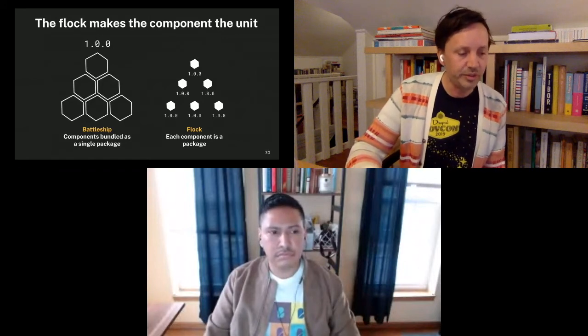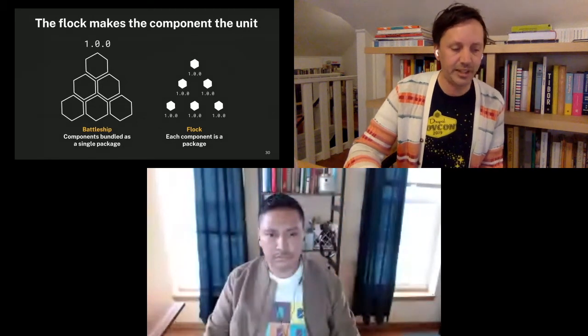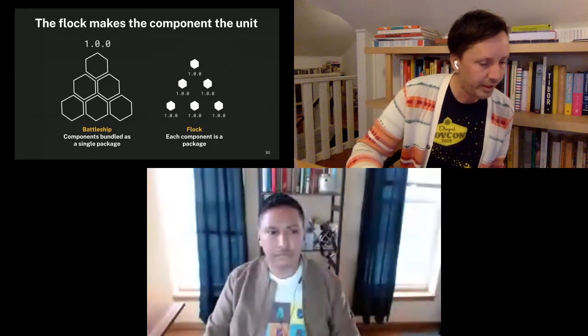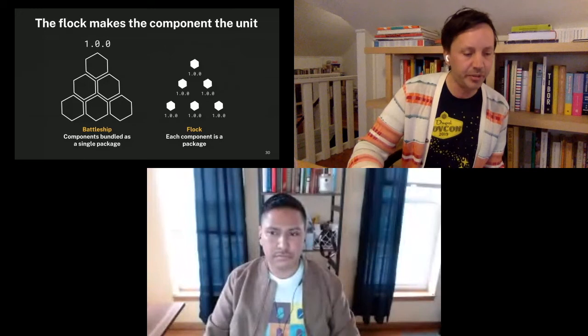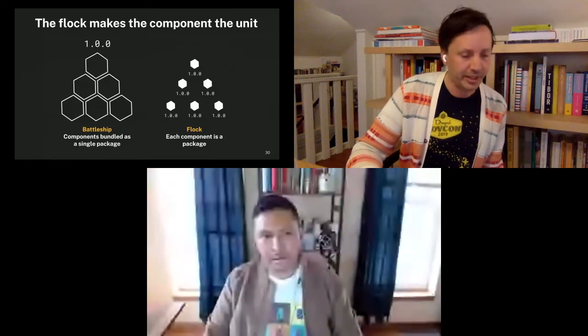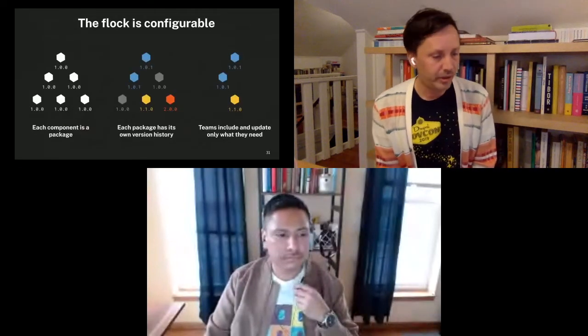But that package would simply include all the relevant component packages as dependencies and contain little unique code of its own. So where a battleship bundles components as a single package, in the flock model, each component is a package. And the flock is configurable.